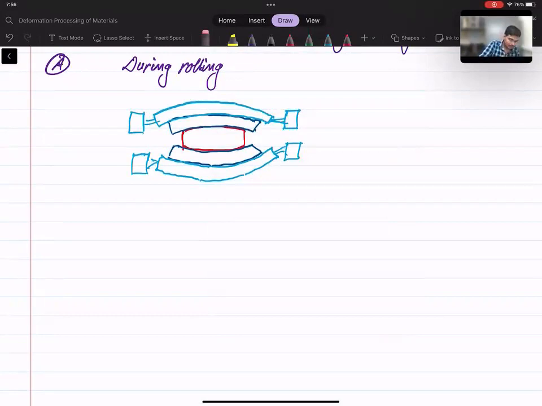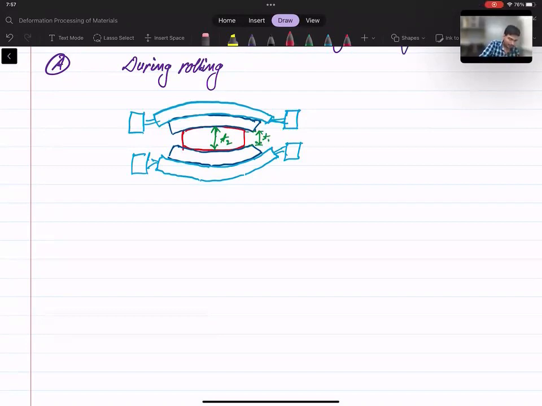Here you can see the thickness is, say, T2, and here it is T1. Okay.